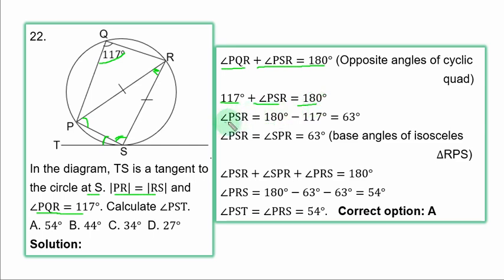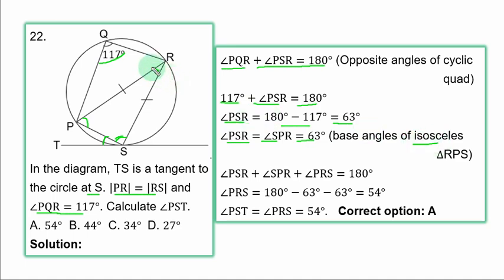To get PSR, you transfer 117 to the right hand side. It becomes negative. Subtract from 180, you have 63 degrees. PSR is equal to SPR and is equal to 63 degrees. Base angles of isosceles triangle.